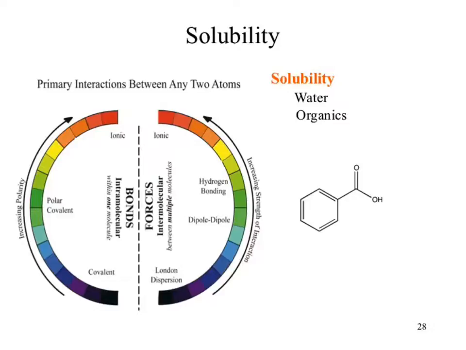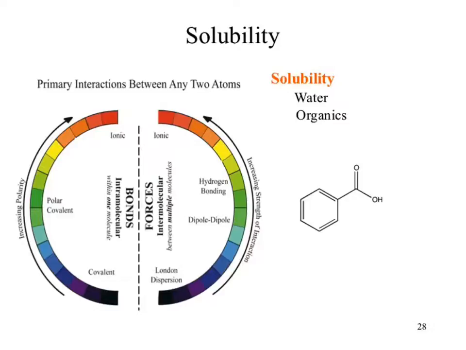Okay? Why does this become relevant for us? Well, didn't we just talk about solubility? Well, what molecule do we have here? Rhymes with oic acid. Benzoic acid. When we look at this part of the compound, I couldn't come up with anything faster than that. This part of the molecule, what kind of forces would we expect?